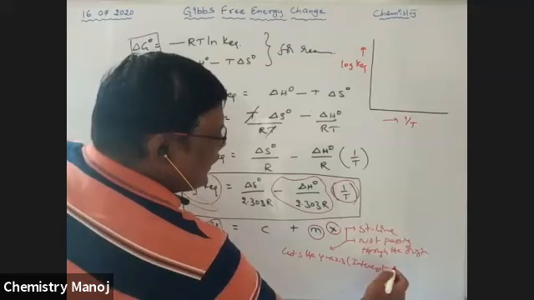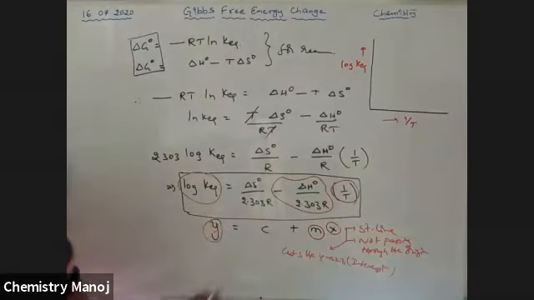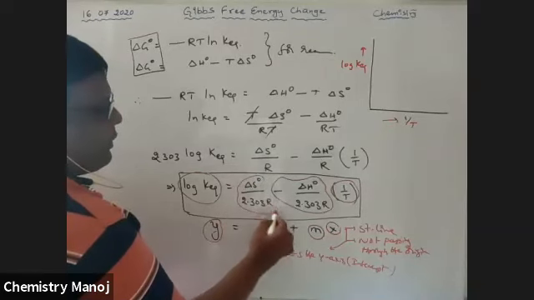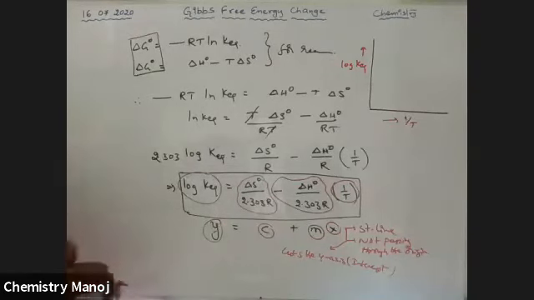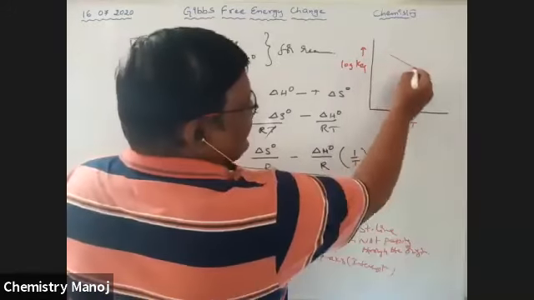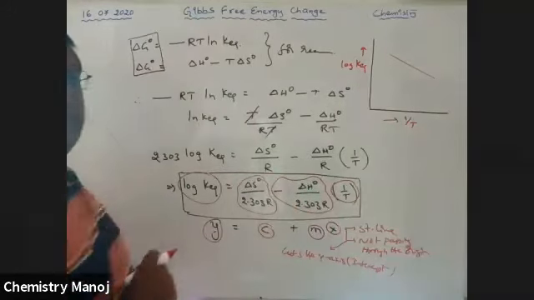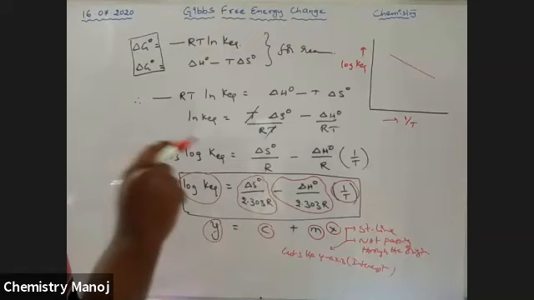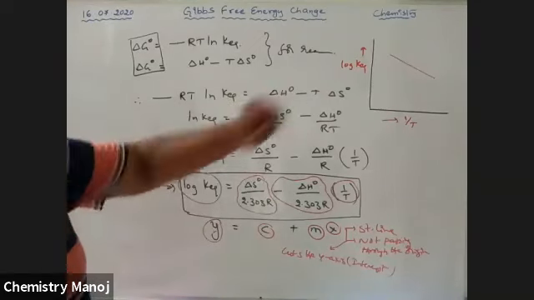This c is the y-intercept. With the negative slope, the line is like this. If you draw a graph between log K equilibrium versus 1 by T, that has a negative slope.